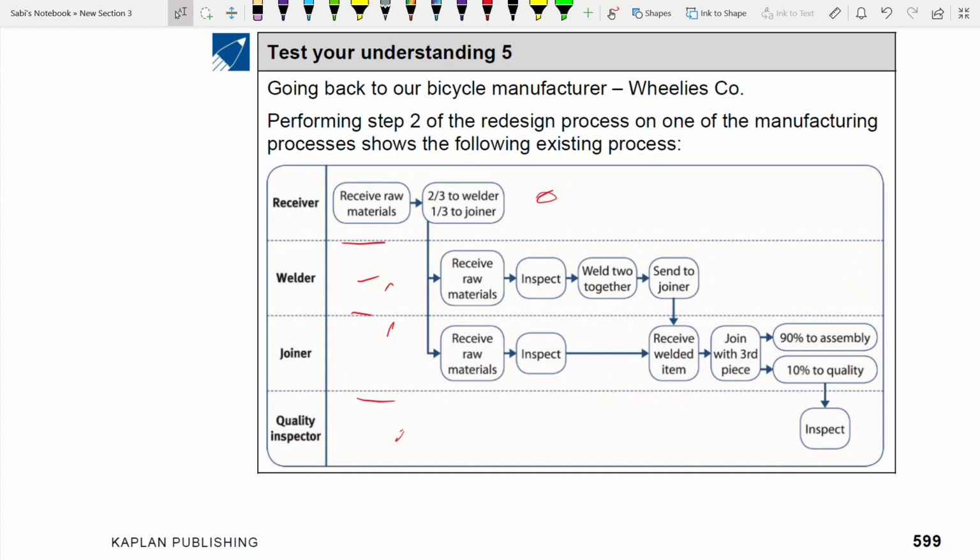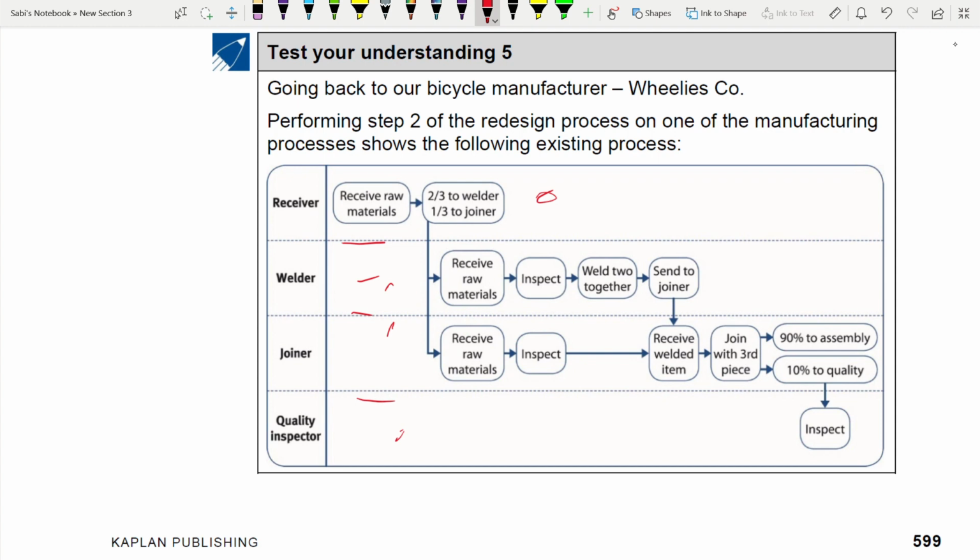Okay, so here let us read this. Going back to a bicycle manufacturer, performing step 2 of the redesign process on one of the manufacturing processes. So this is what you can see. We have a receiver who receives raw materials and then he gives 2/3 to the welder and 1/3 to the joiner. Then you can see it goes down to the welder.